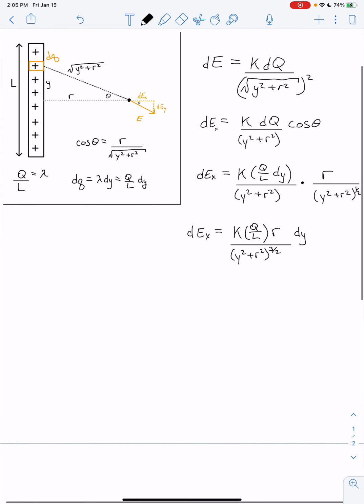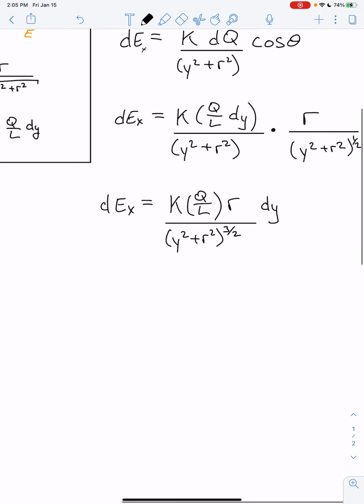Okay, so what we're going to do is add up this contribution from dq along the entire length of L. We're going to start with some dq here, and we're going to work down, work down, work down. And we're going to integrate all of the contributions to find out the electric field at that point.